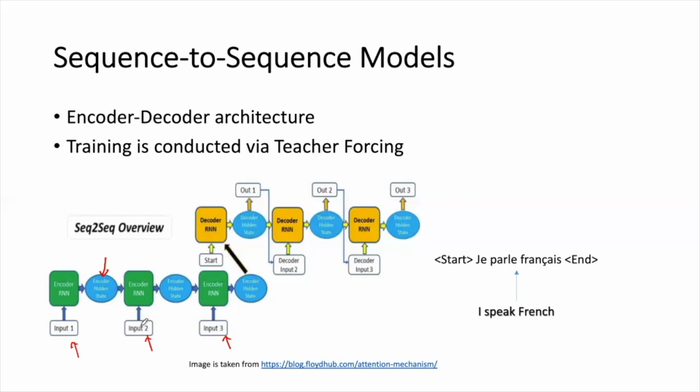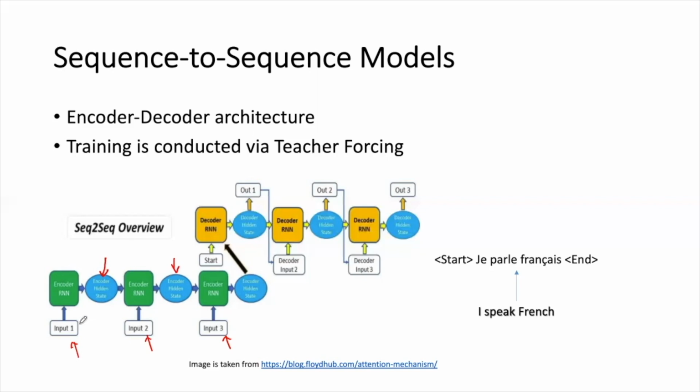In the next state, we have the next input that comes in, and we have another encoder output that is generated. In terms of the intuition, the encoder hidden state for the second input word is supposed to contain the information of all the words that have occurred previously.